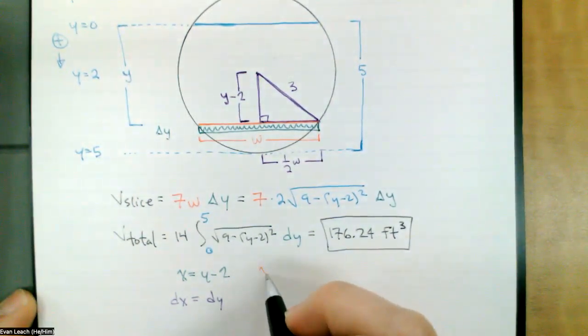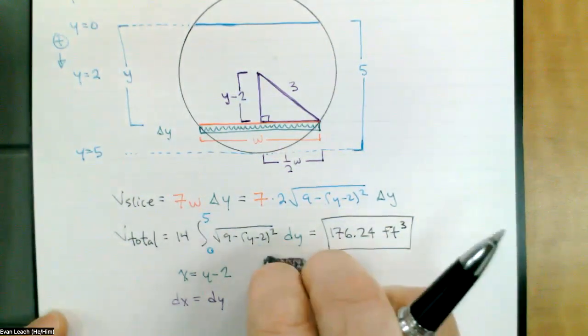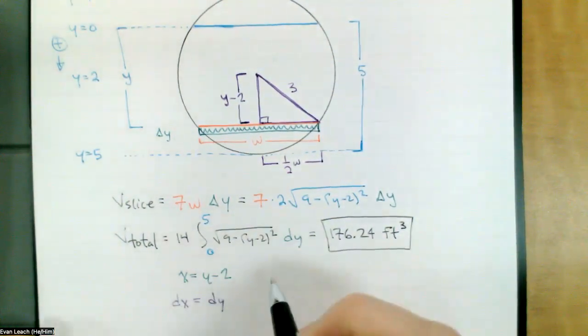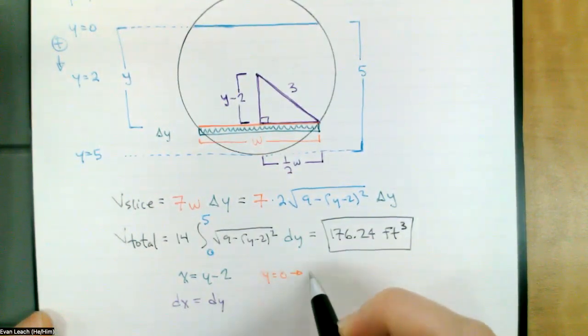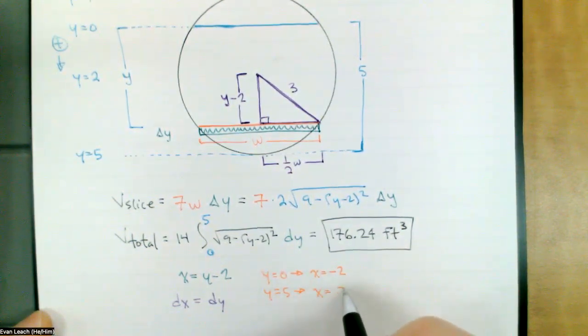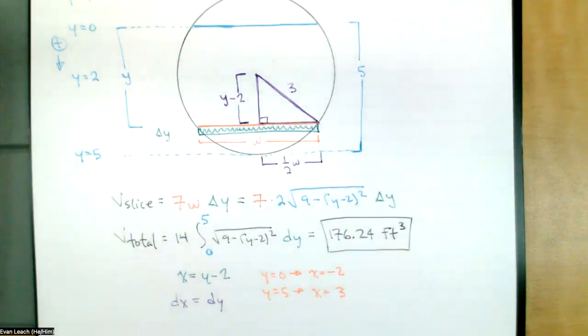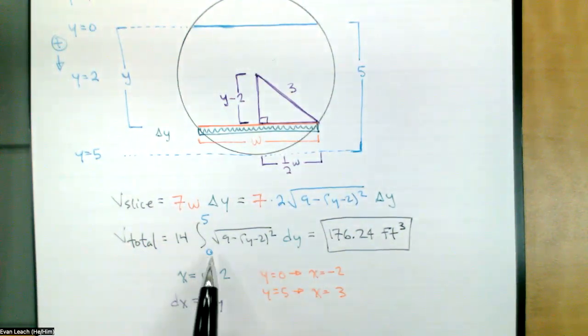When y is equal to 0, then x is -2. And when y is equal to 5, then x is equal to 3. So substituting the y minus 2 for an x would just change the dy into a dx. And instead of integrating from 0 to 5, we'd integrate from -2 to 3, just like we did in the previous problem.